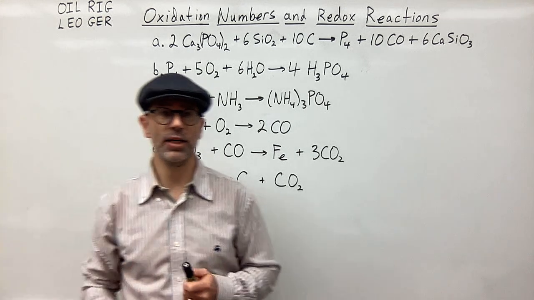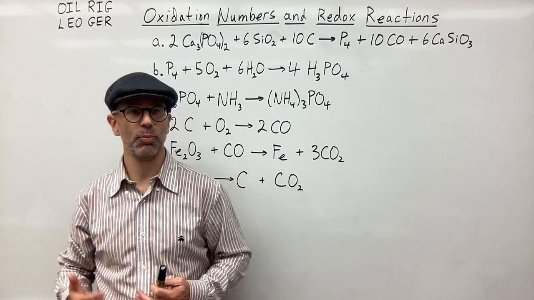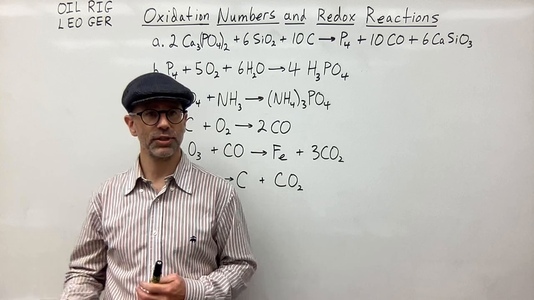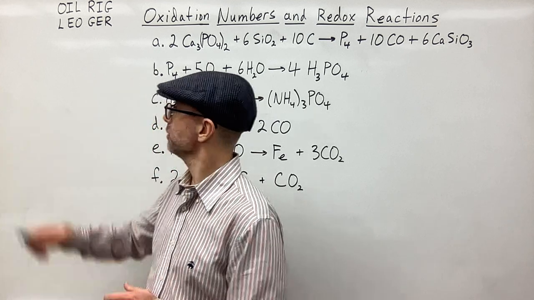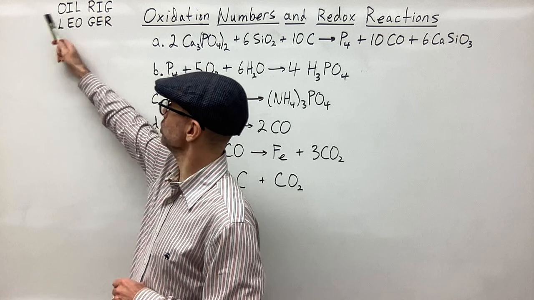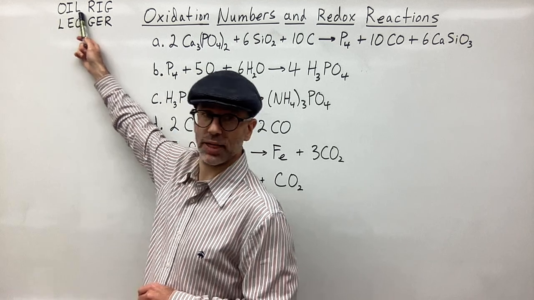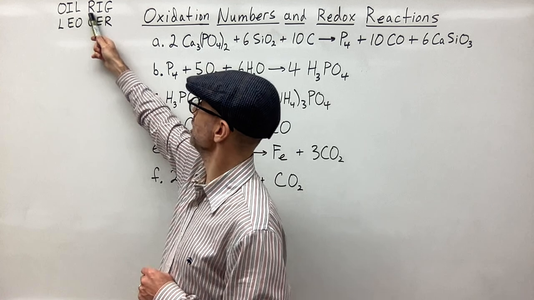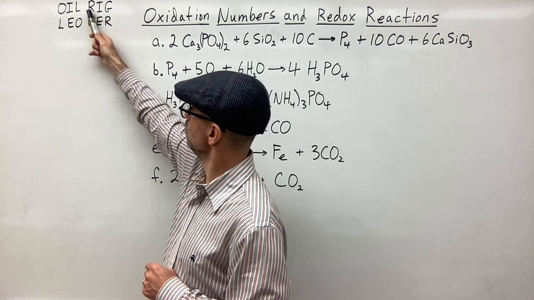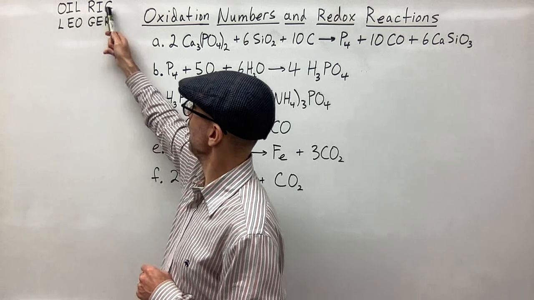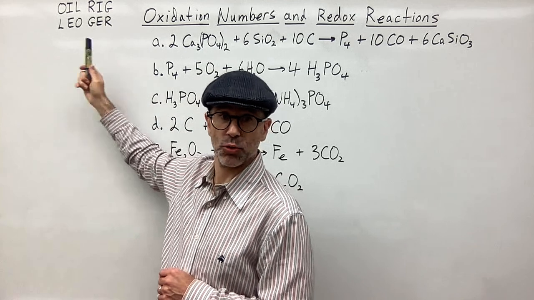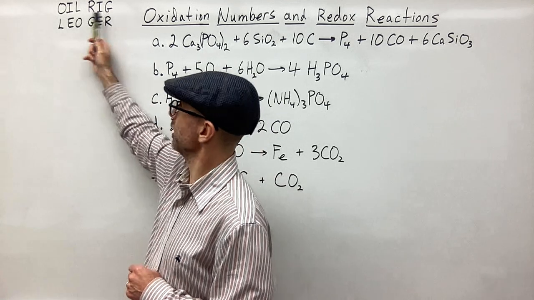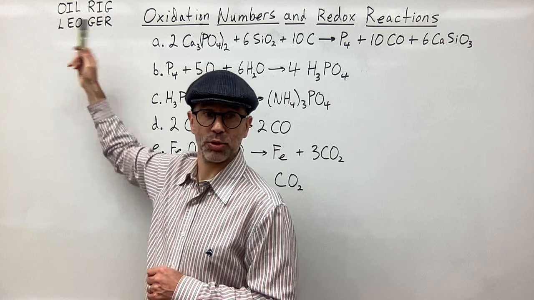These are two mnemonic devices that you can use to help you remember oxidation and reduction. OIL is oxidation is loss of electrons, and RIG is reduction is gain of electrons. So OIL RIG is a mnemonic device to help you remember that.